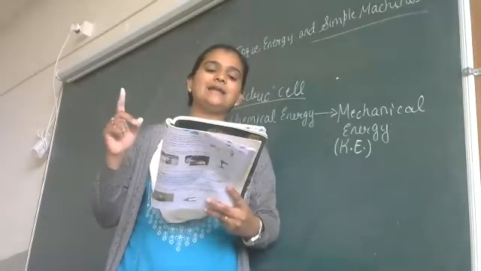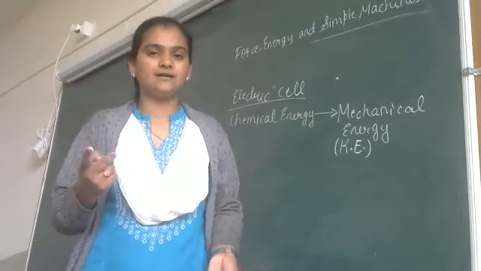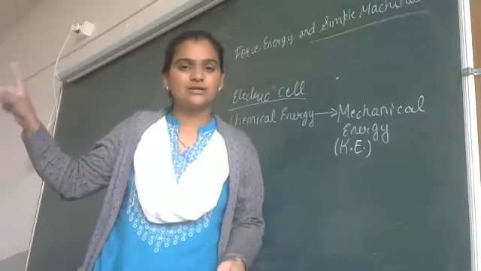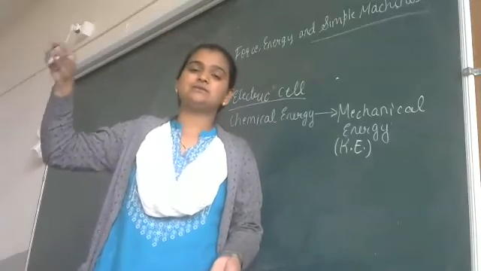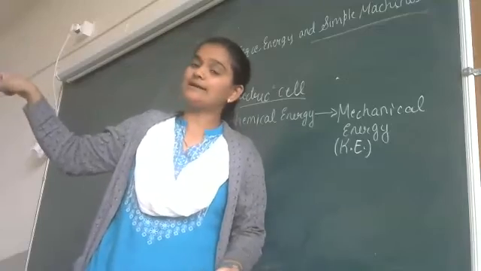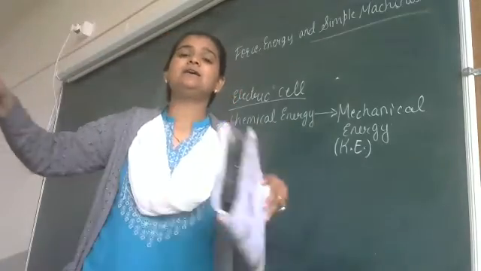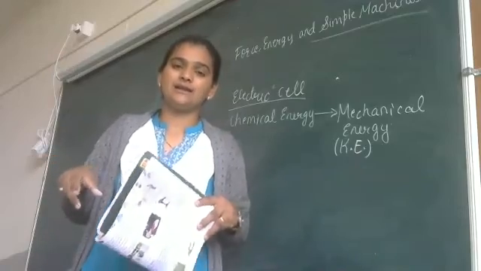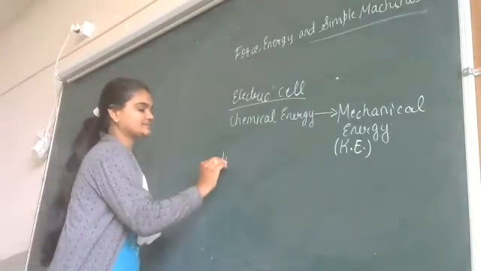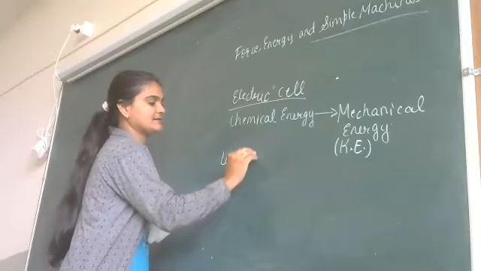And in a light bulb, electric energy changes to light and heat. When you switch on the button, very soon the electric bulb is on. What has been transformed? Electrical energy has been transformed into light energy and heat energy. The bulb gets heated also.